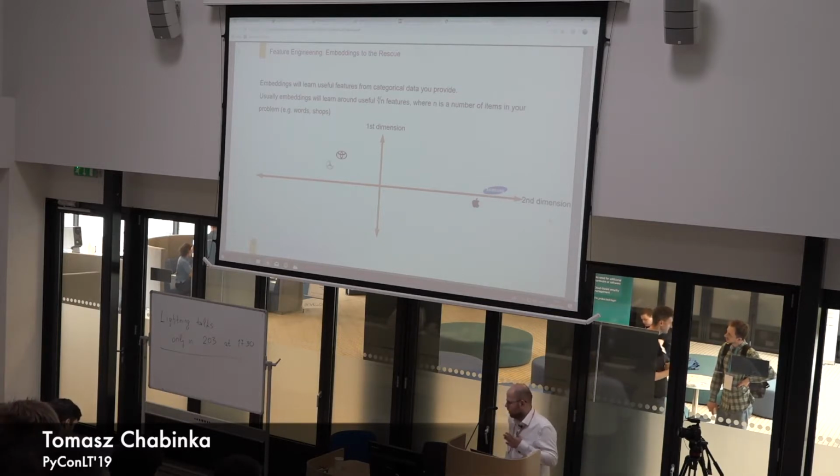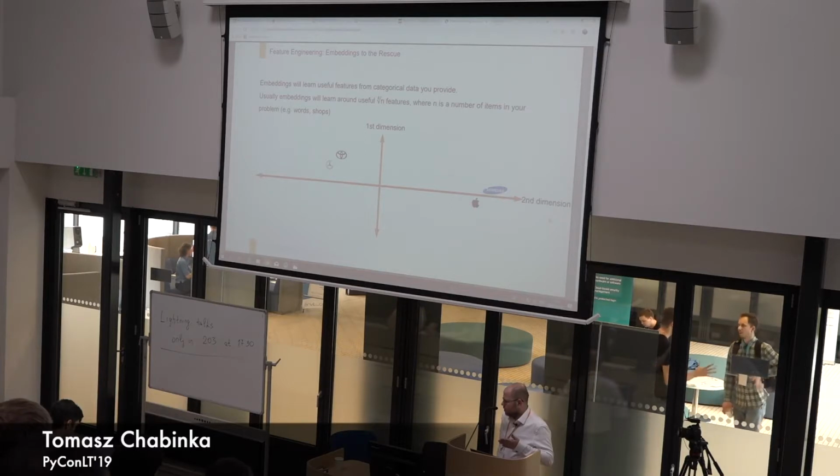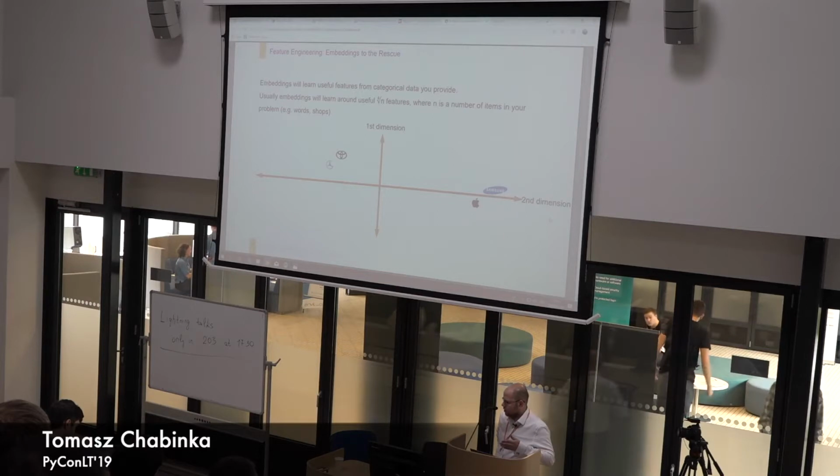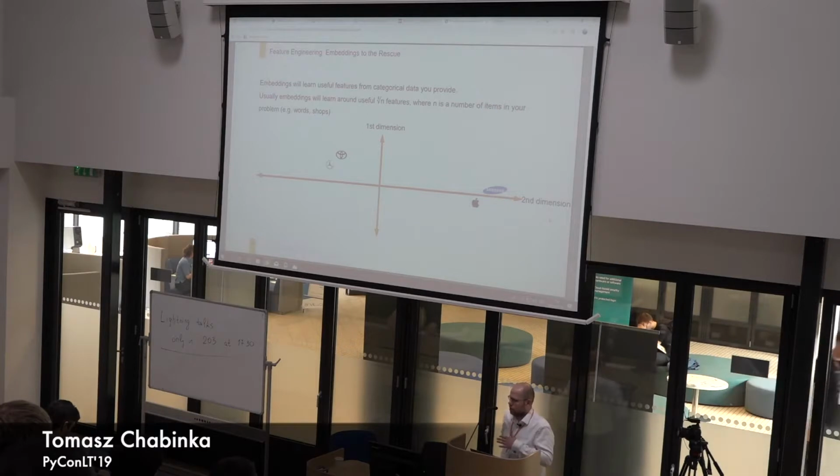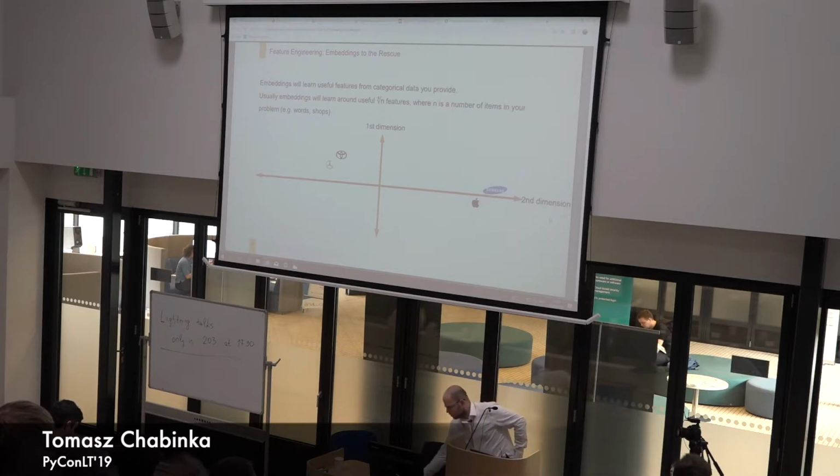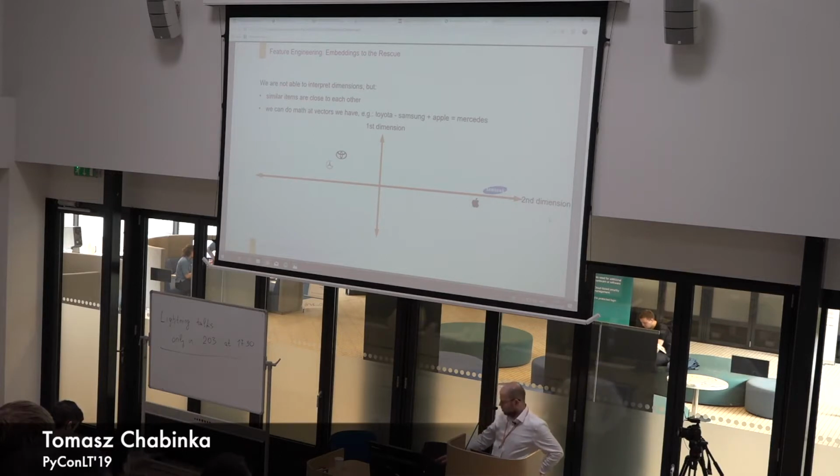So when you have a vector for Samsung, Apple, Toyota, and Mercedes, you can, for example, add Apple to Mercedes and remove Samsung, and you will see that the brand in relation to Mercedes as Apple is to Samsung is Toyota, right? So it's an imaginary example, but it's kind of how it works. Okay, so that's what I told.